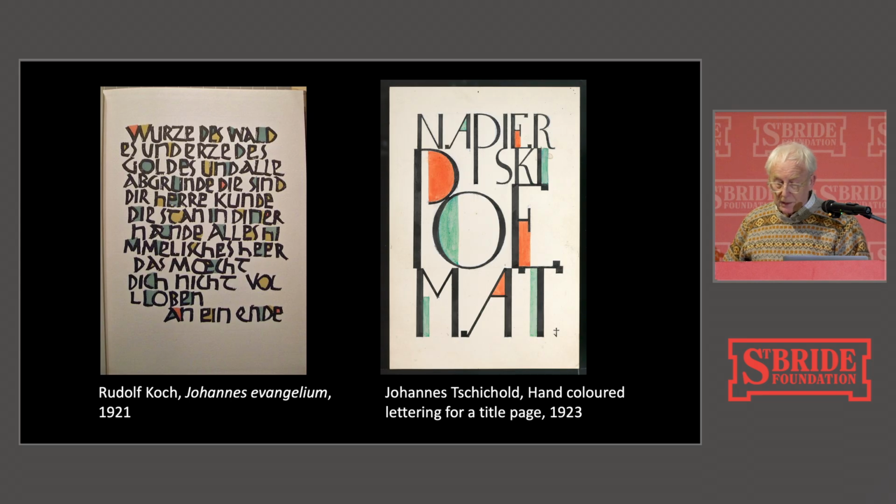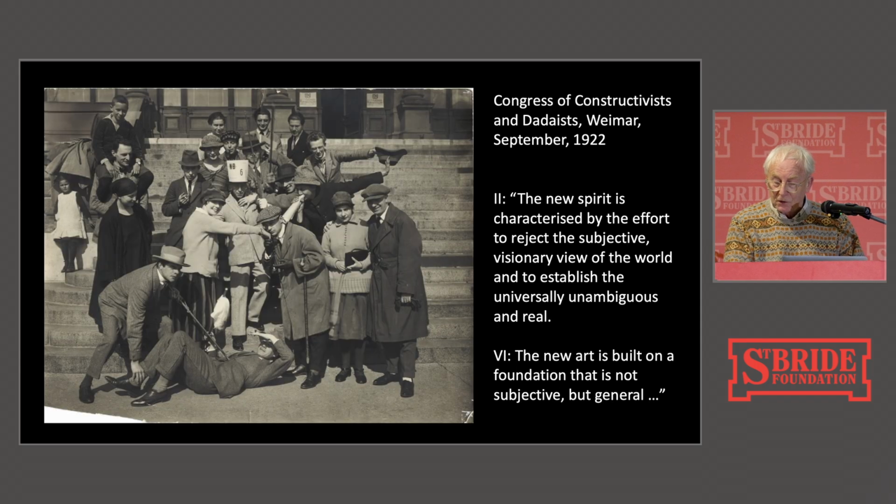Since his 2 visits to Offenbach had been in 1922, we might assume that Tschichold continued to follow Koch's lead in some matters. However, in that very year, the ground was shifting in German art and visual culture, nowhere more so than in the area of printing and typography. In 1922, there were 2 congresses of Constructivists and Dadaists.